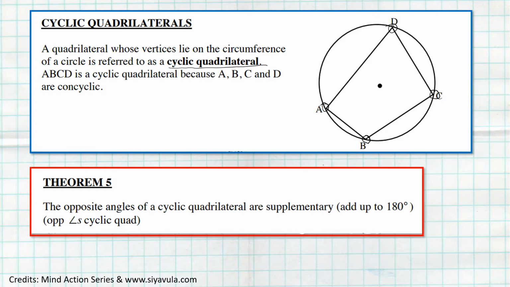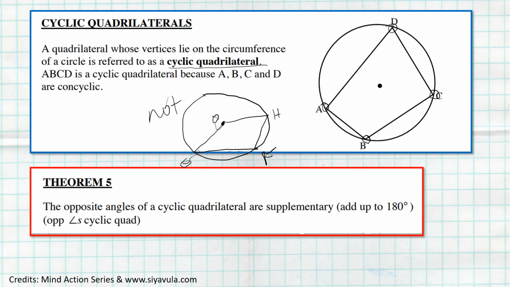What is now not a cyclic quadrilateral? If you have something like this, and maybe O, E, let's say F, H, like that. So OHFE is not a cyclic quadrilateral. And why?